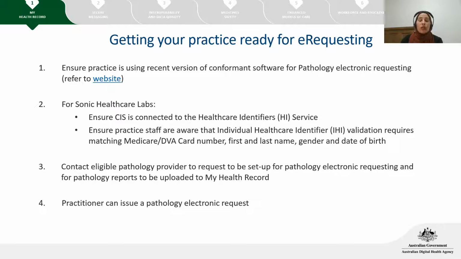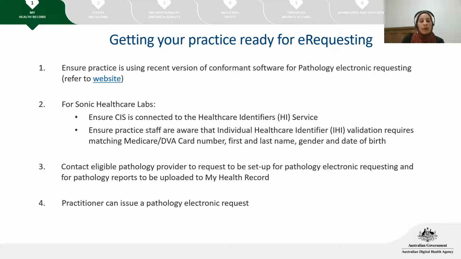So they need to be connected to the HI service, and they need to make sure they have the 5 key demographic pieces of information for a patient, which will be their Medicare or DVA card, the full name, gender, and their date of birth. Once that's all done, the practice will need to appoint someone. It could be the practice manager or someone from their IT department. This person would contact the pathology provider to ask to be activated. And again, they'll need to call one or more, depending on how many they want to refer to.